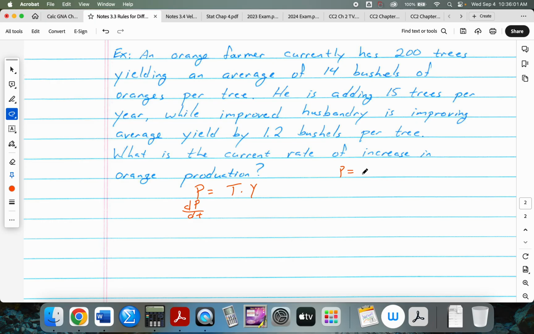P is production. Capital T is number of trees. Y is the average yield per tree in bushels. And little t will be time in years.